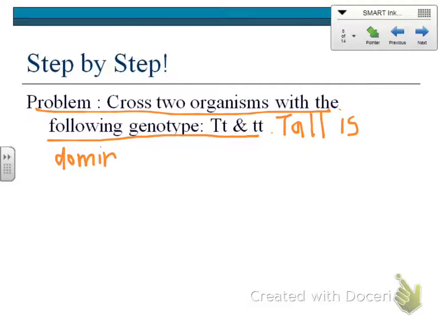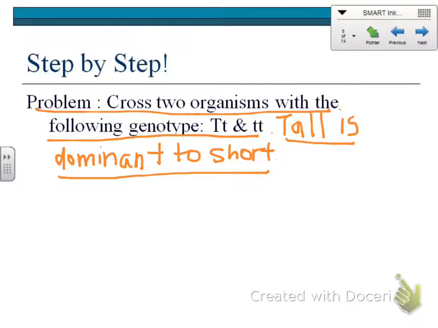So you're writing this problem down right now. Tall is dominant to short. All right, so where it says example, you're writing this down. So we've got the problem written out for us.